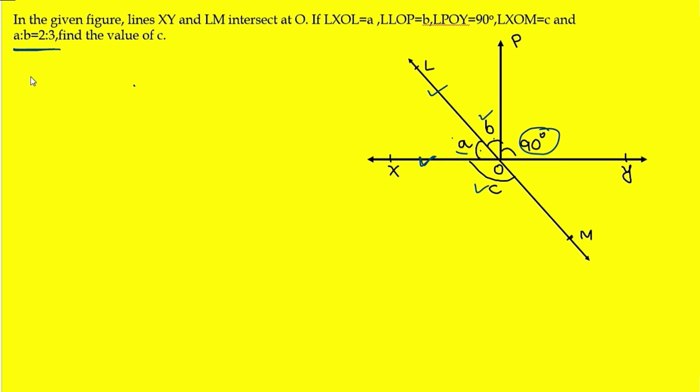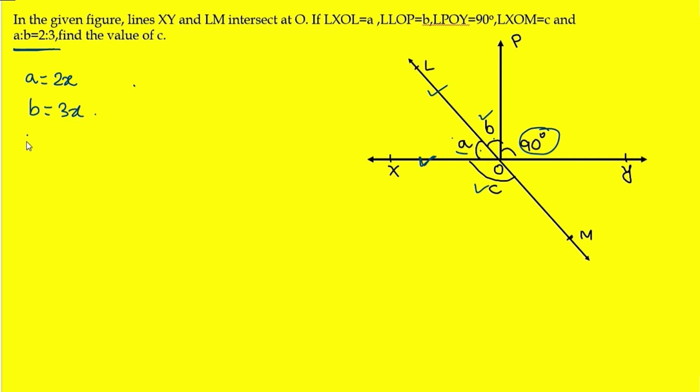So we can write that A equals 2x, by the concept of ratio, and B equals 3x. Okay. Now if you see, angle XOL, angle POL and angle POY, the complete sum will give us 180 degree.